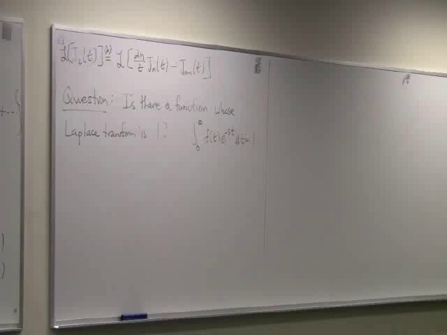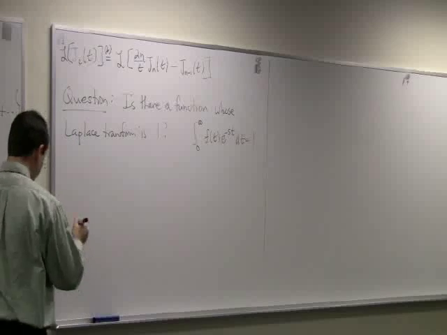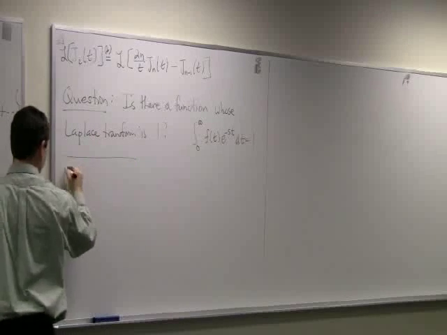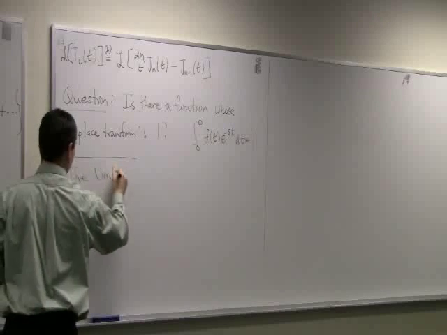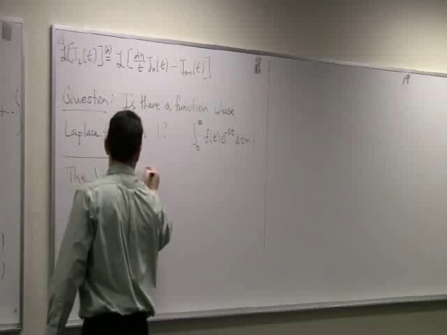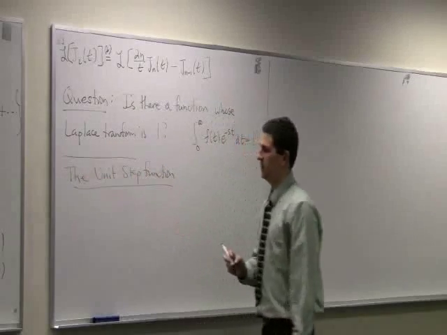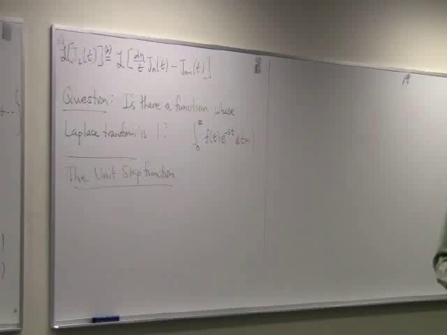Before we get to there, today I'll finish by doing something a little bit easier, something that actually is a function. And it's going to be called the unit step function. Not the stepsister or the stepmother, but the step function. So the unit step function is a terribly stupid function.